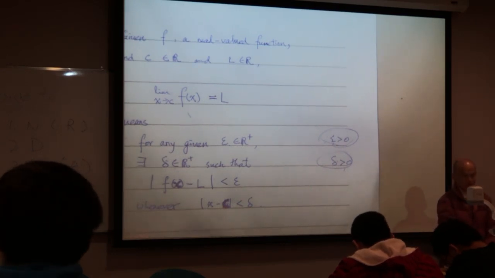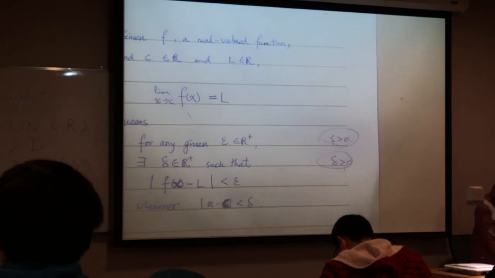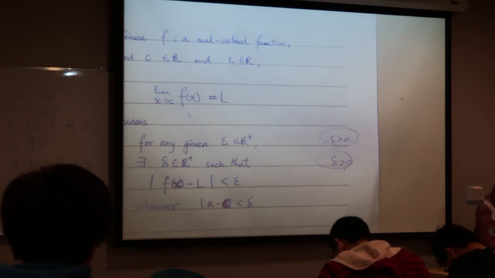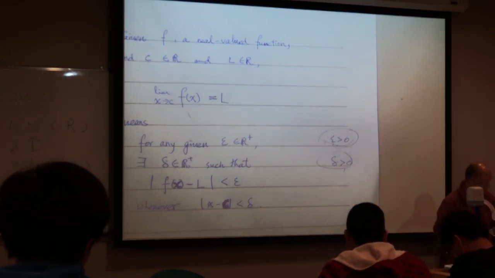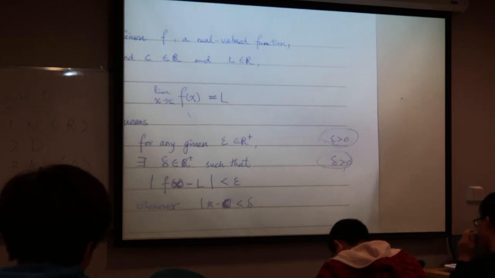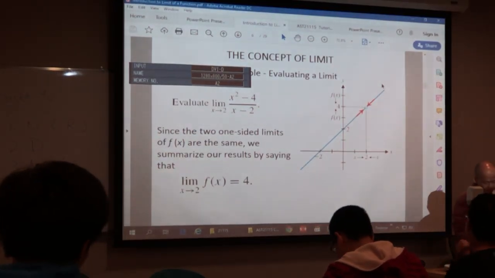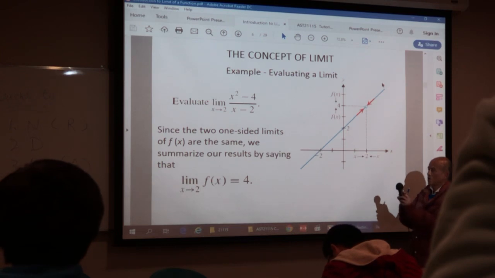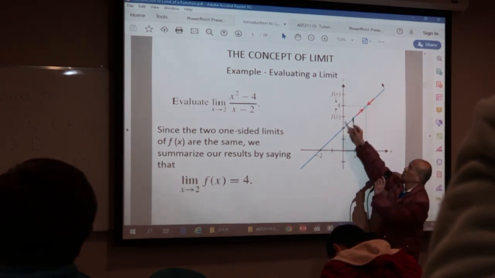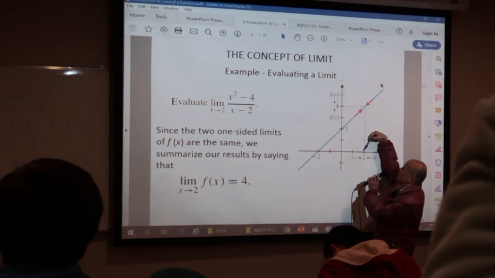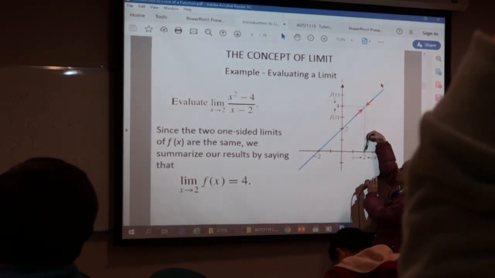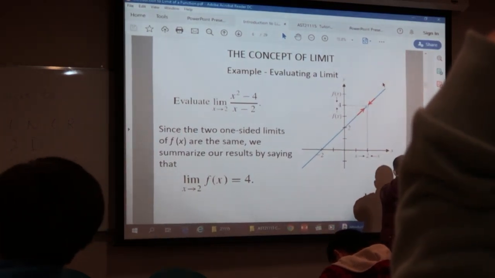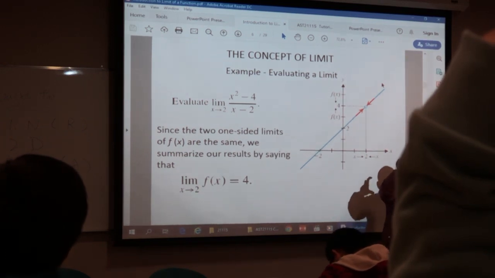Now what's the meaning of this one? What it means is, say, whether the limit of this function as x approaches 2 is this one or not. You tell me a value which is called epsilon.